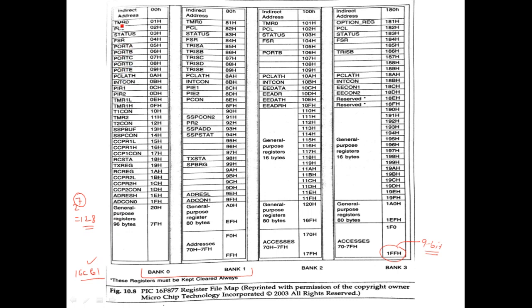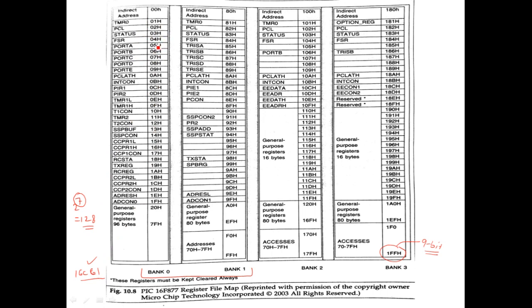For example, the addresses of timer 0, PCL, status, port A, port B, etc. were present in the device 16F84, and their addresses were the same as this.